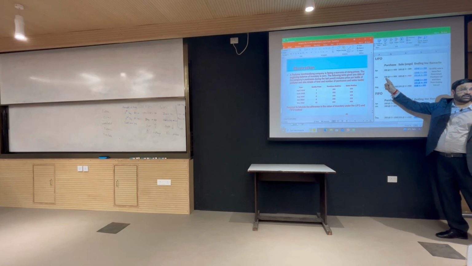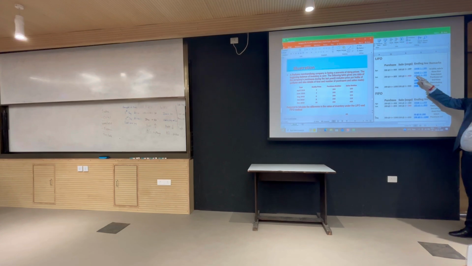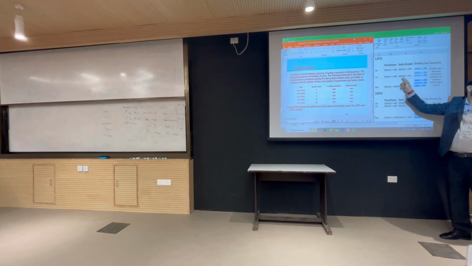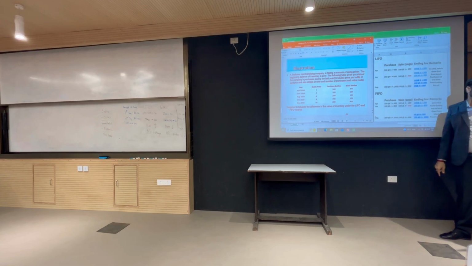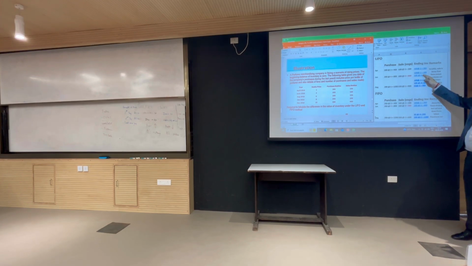So effectively for June, our inventory is 100 at 2 coming from April and 100 at 4 coming from June. So our total ending inventory is 600. 100 at 2 equal to 200, 100 at 4 equal to 400, total is 600.